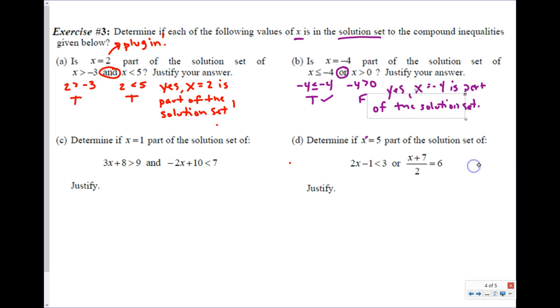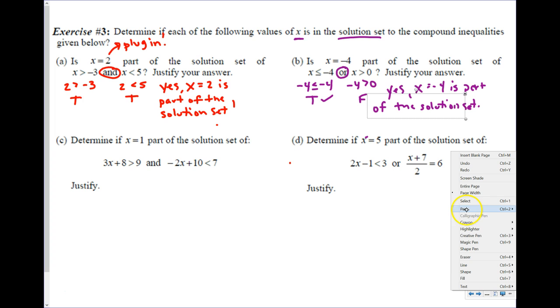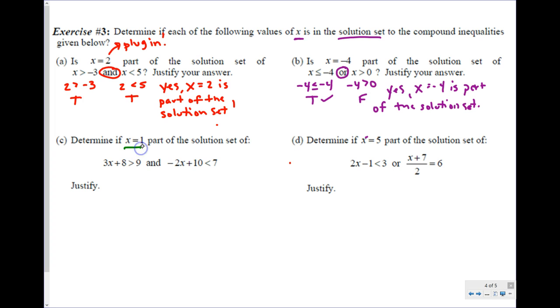Alright, welcome back. Let's take a look at our problems here. Letter C, we are plugging in 1 into these two inequalities. Now these are a little bit different because we have to solve them. So I'm going to take 3 times, instead of x, I'm plugging in a 1, plus 8 is greater than 9, and sometimes I like to split them up so I know my work. I'm plugging in 1, so negative 2 times 1 plus 10 less than 7.